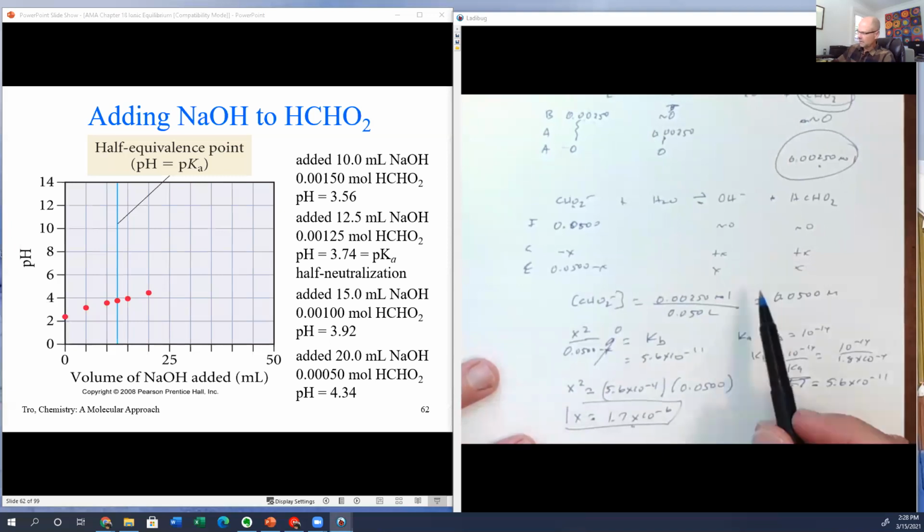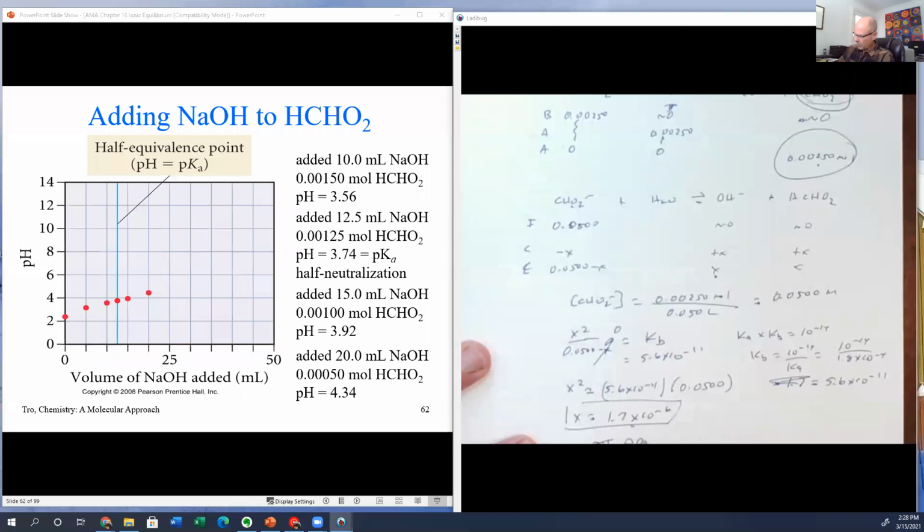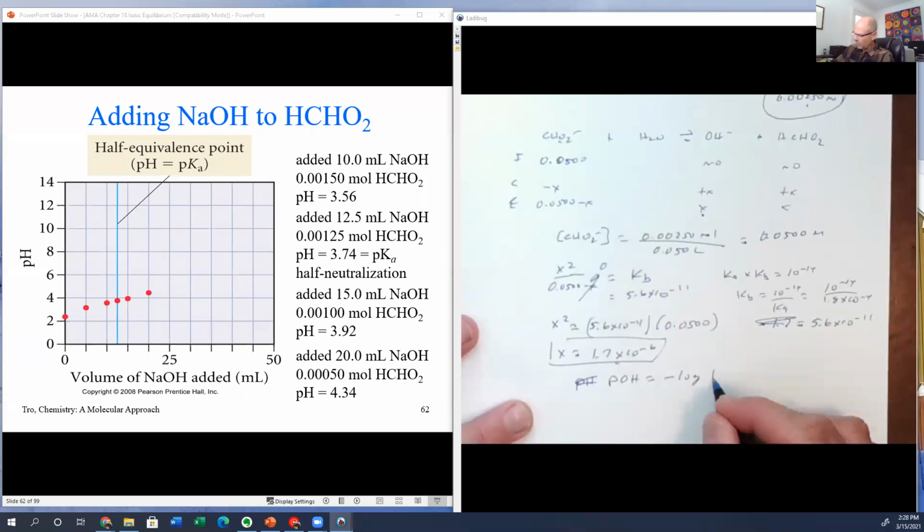All right, so what is x equal to in this case? Let's go back and look. It's equal to the OH minus concentration. Okay, so pOH is equal to minus the log of 1.7 times 10 to the minus 6, right? That's equal to 5.77, okay?